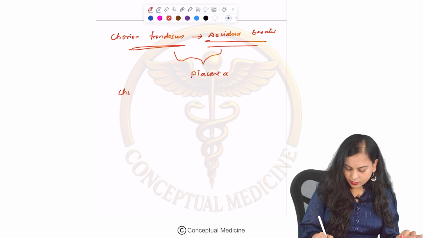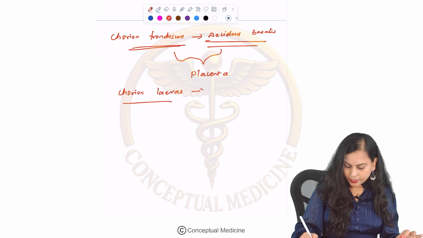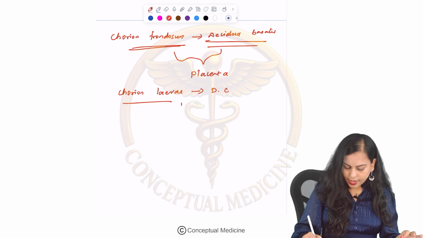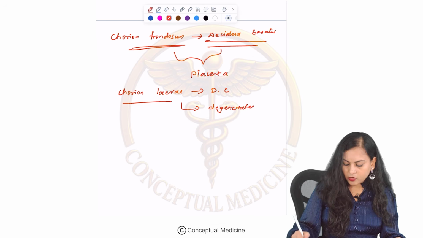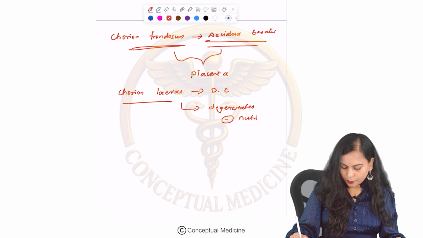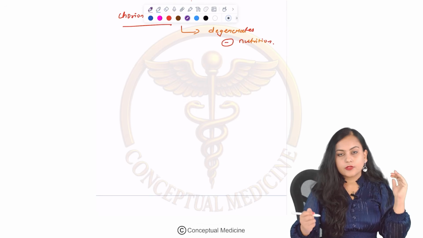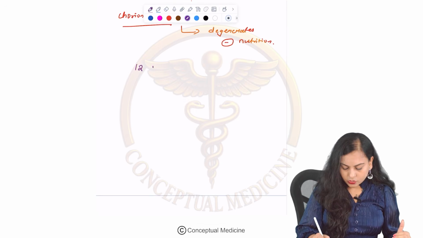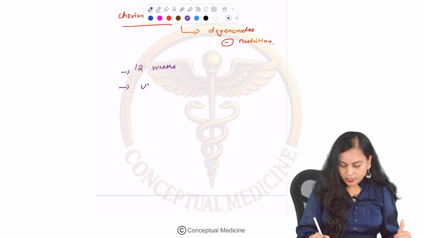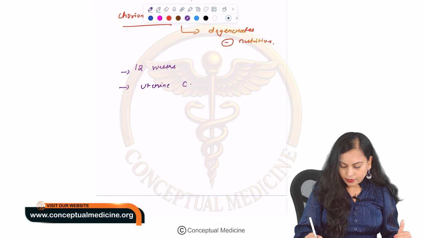Then the chorion laeve is attached to the decidua capsularis, and this basically degenerates because it does not get any proper nutrition. The complete placenta is formed by 12 weeks, and by this time the uterine cavity is obliterated.